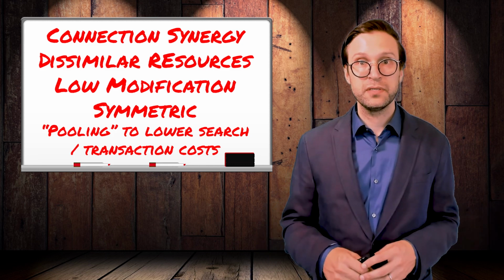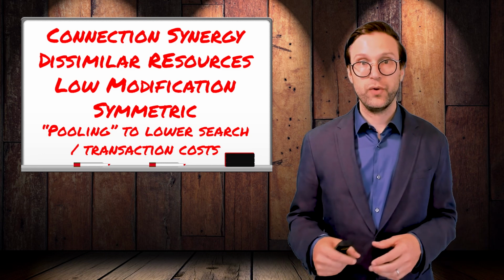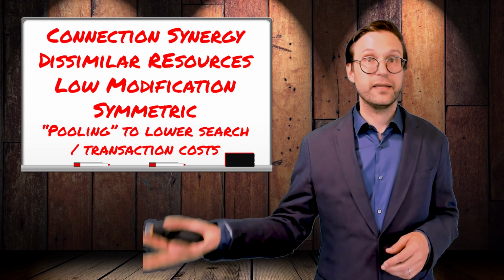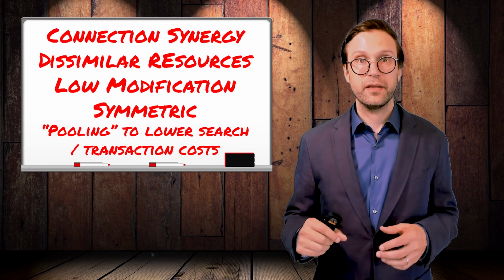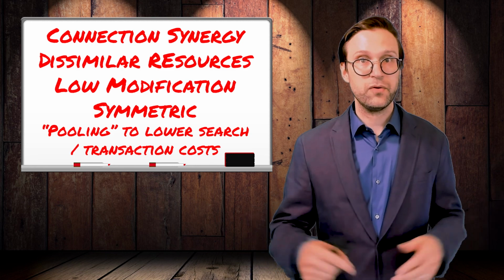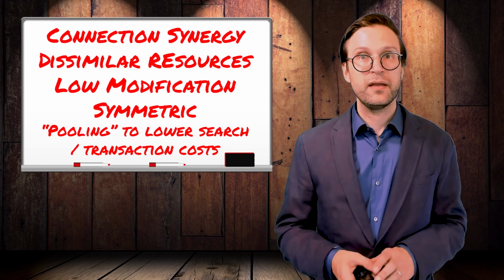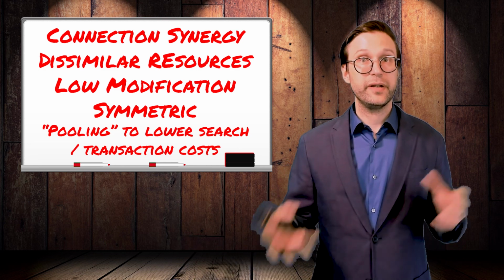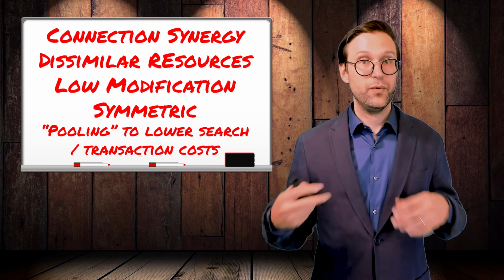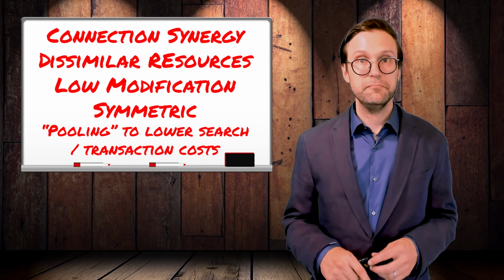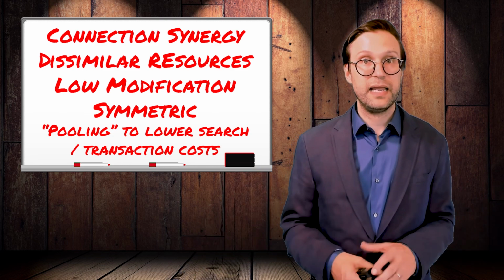selling to your customers. Similarly, if you create a retail store in order to sell your products, by adding additional products to your store, especially if they're designed to be used together or they're commonly used together, that lowers search costs for your customers. So they can come into your store and buy whatever main product it is you're selling, but also other products that they might want to purchase at the same time.